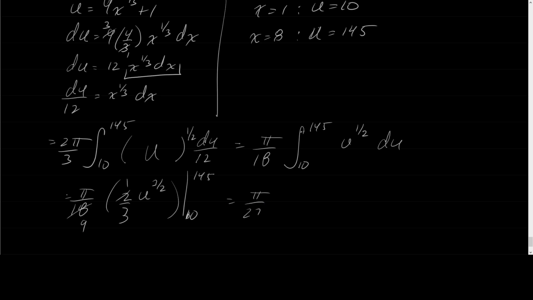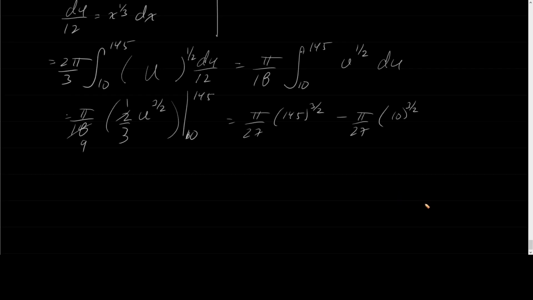So I have pi over 27 times, plug in 145, 145 to the 3/2, minus pi over 27 times, plug in 10, 10 to the 3/2. If we really wanted to, we can rewrite this as pi over 27 times (145 radical 145 minus 10 radical 10). And whatever that is, that's the final answer.